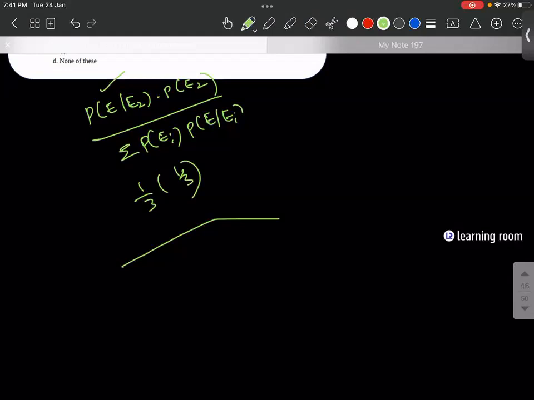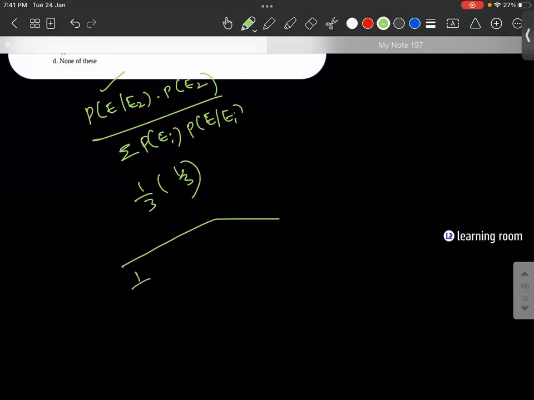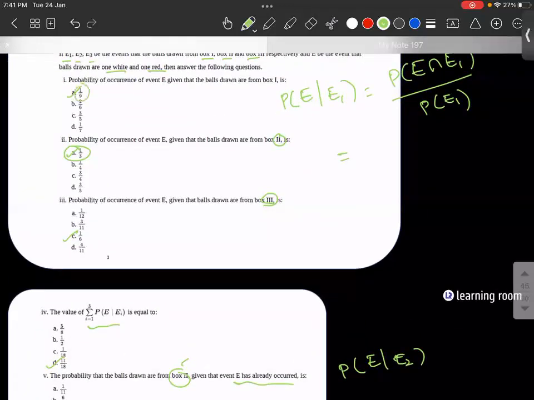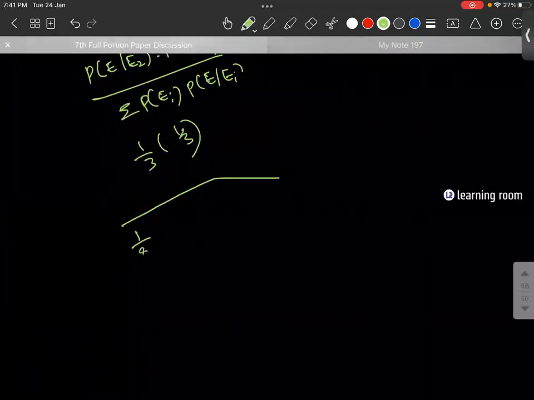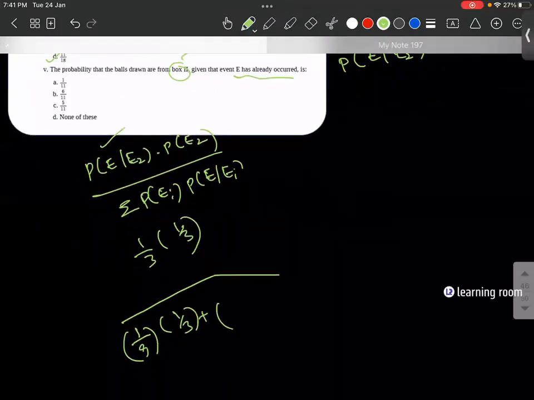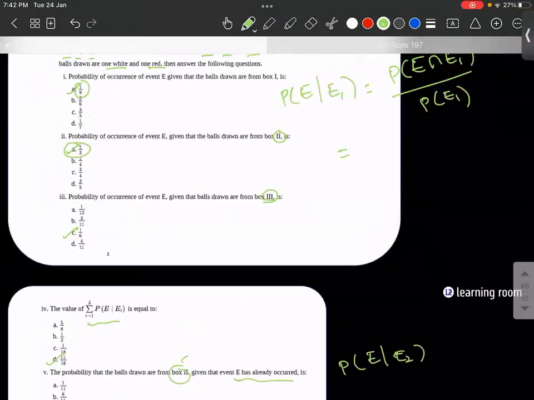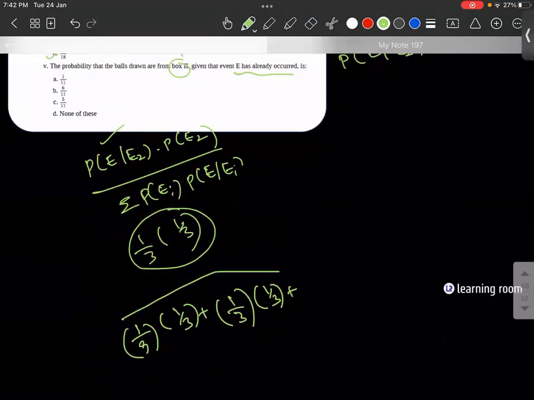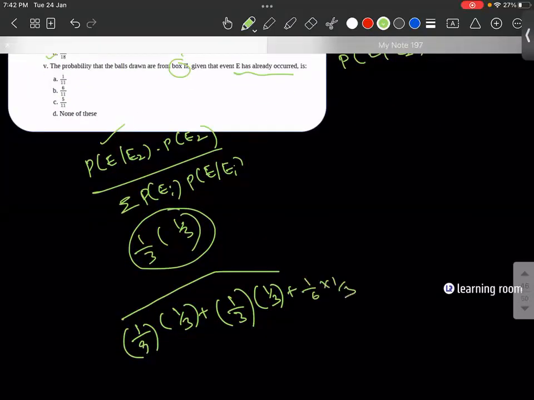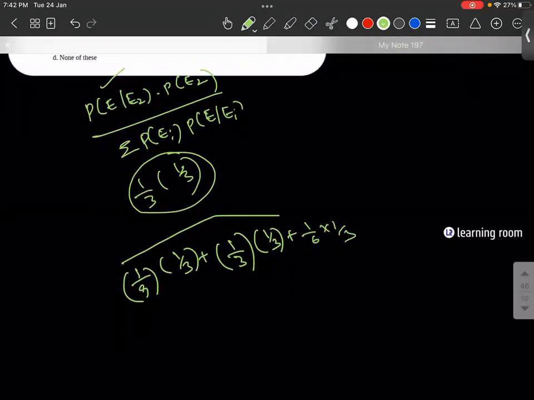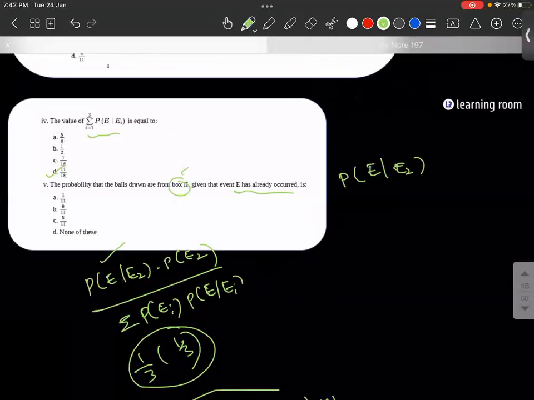So sum of all the probabilities means probability of E given E1 is 1 by 9 into probability of E1 is 1 by 3, plus probability of E given E2 is 1 by 3 into 1 by 3, plus probability of E given E3 is 1 by 6 into 1 by 3. So when you solve everything, you will get the answer as 6 by 11.